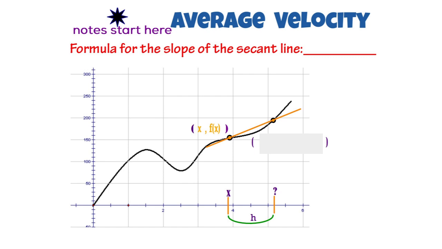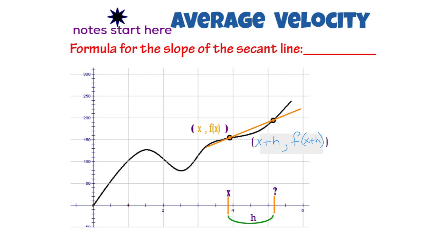All right, I feel like it should be x plus h because I'm at this spot, but then I went over h more. So it's x plus h is that x value, which means the y value is no longer f of x, it's now f of x plus h.